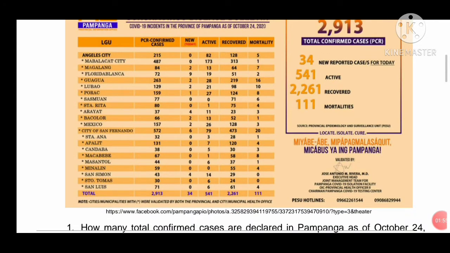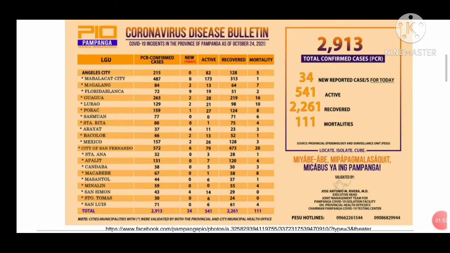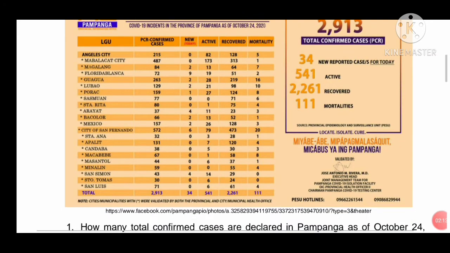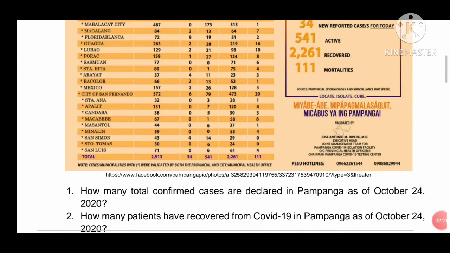For the total confirmed cases, 2,913, 34 are new reported cases, 541 are active, 2,261 are recovered, and 111 are recorded as mortalities. This is from the Provincial Epidemiology and Surveillance Unit.